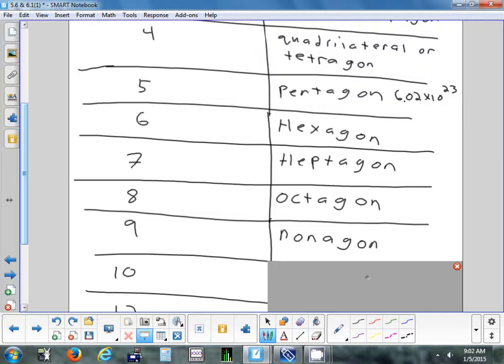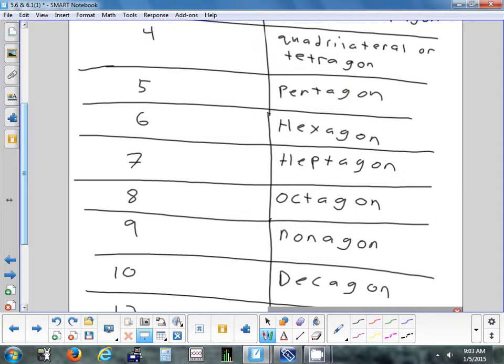That number has over 20 digits, but you just write it in scientific notation. We don't use these prefixes. How about 10? What's the prefix for 10? Yeah, dec. If you were counting, it'd be decillion. Decade, dec, or decagon. Good.